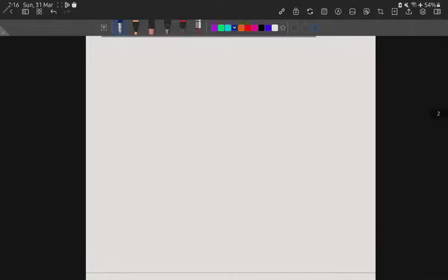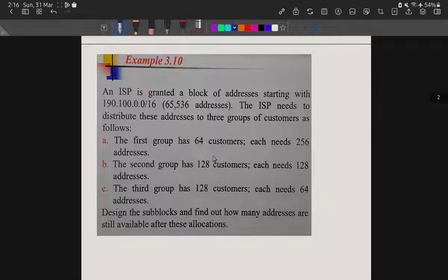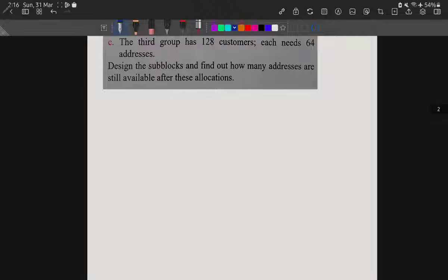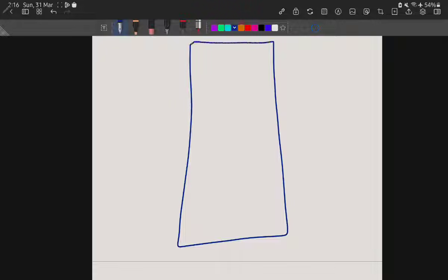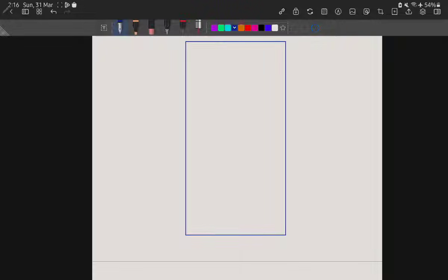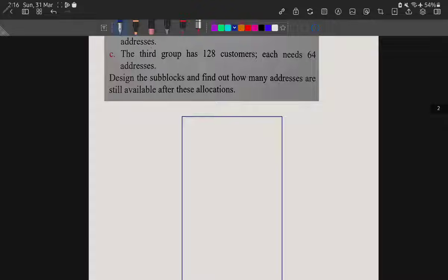Let's start firstly by drawing out the IPv4 address that has been provided. So the address space, I'll be presenting this with a block of addresses, a large block, and this block starts with 190.100.0.0/16.